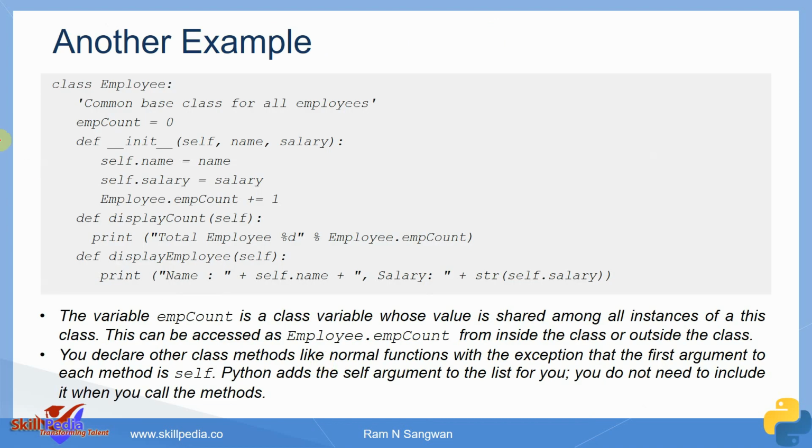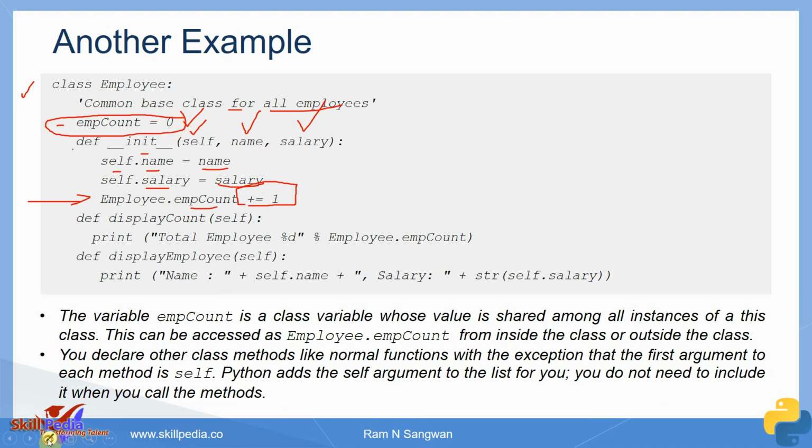Now this is another example to make the concept a little more clear. Class Employee, common base class for all employees. empCount = 0. Defining init(self, name, salary): self.name equal to name, self.salary equal to salary, and Employee.empCount is incremented, += 1, which means increment. So what is happening here?